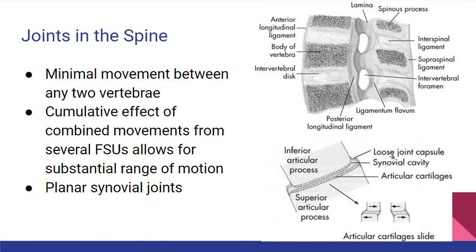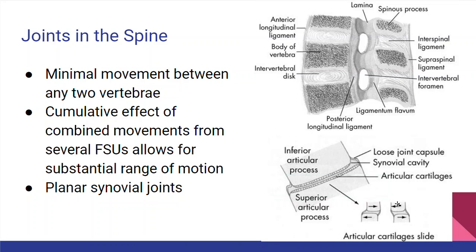Another thing I just want to point out is that in between your articular processes is a synovial joint. So here we have the inferior articular process of one vertebra with the superior articular process of another. This is the synovial joint in here, and it has cartilage which moves.